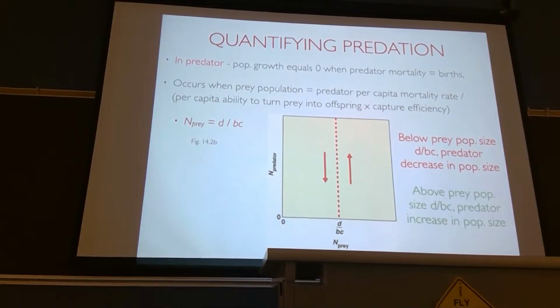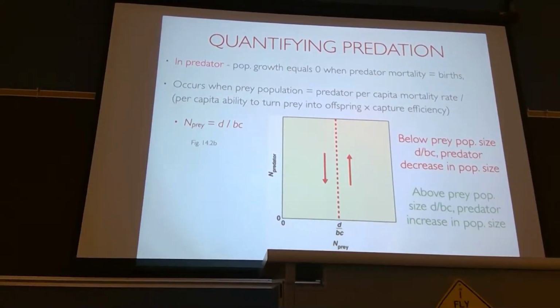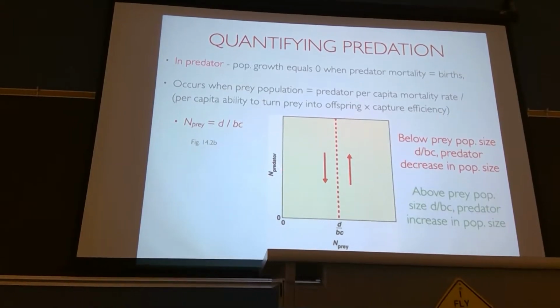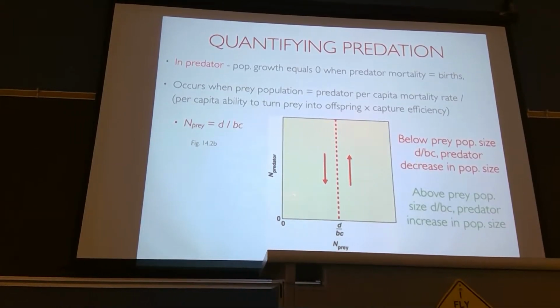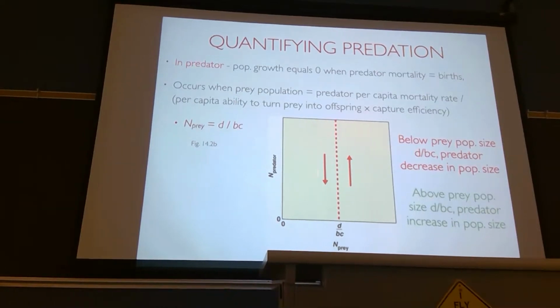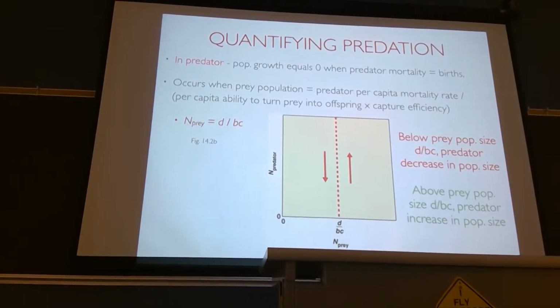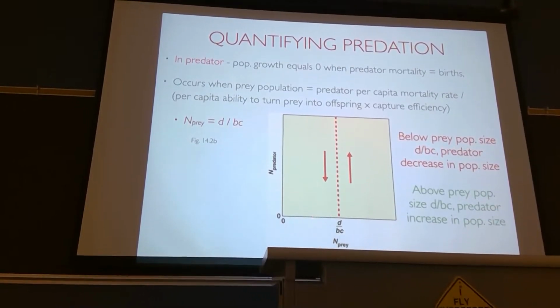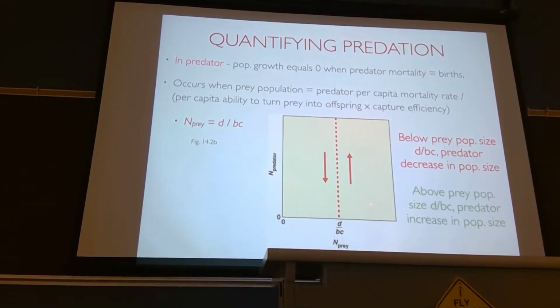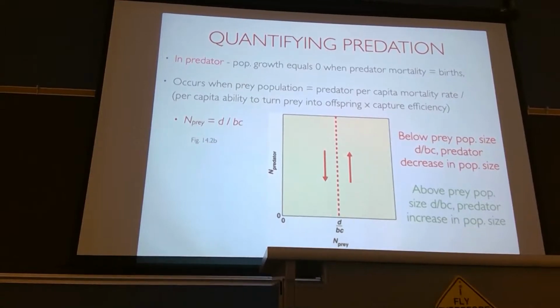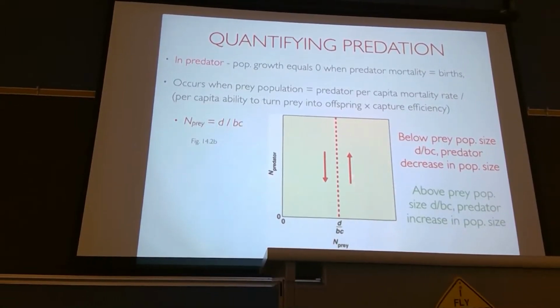Again, it's probably the most complex type of thing that we have looked at. But the idea is that at prey populations less than this, the death rate overcomes the additive effect of consuming prey. And as the death rate is greater than birth rate, the predator population will decline. At prey populations above this, you're going to get all kinds of increases in nutrients, all kinds of offspring produced.